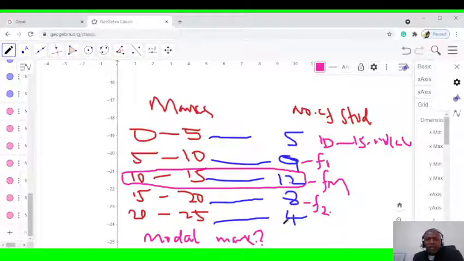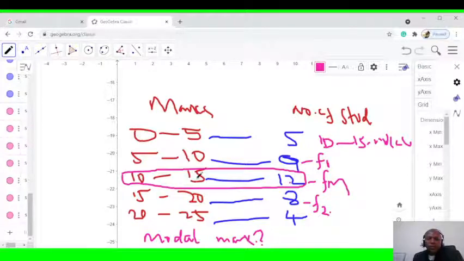Now, what's the class interval? The class interval is simply the difference between the upper class boundary and the lower class boundary. From this data set, the class interval is basically 15 minus 10, so our class interval here will be 5.